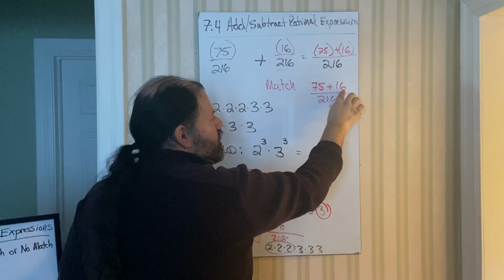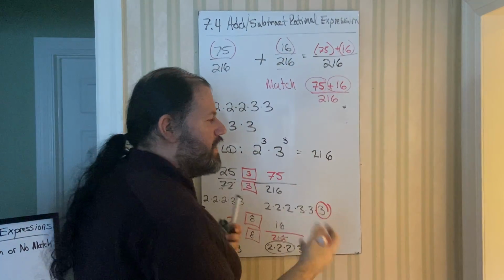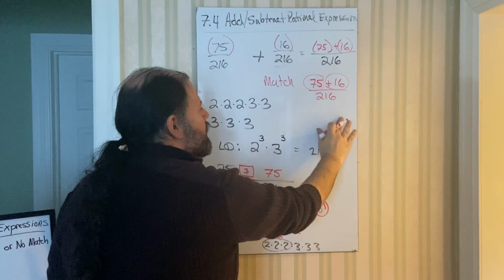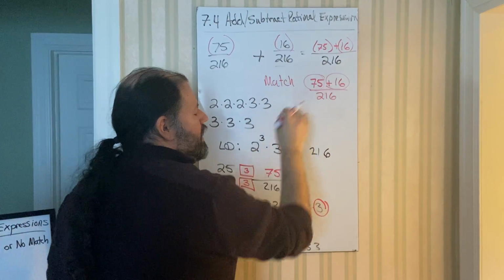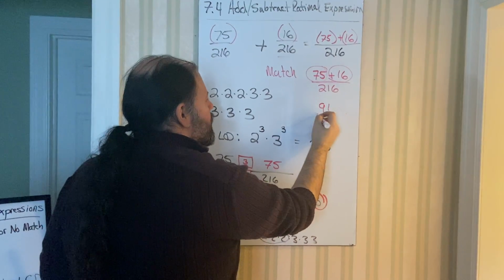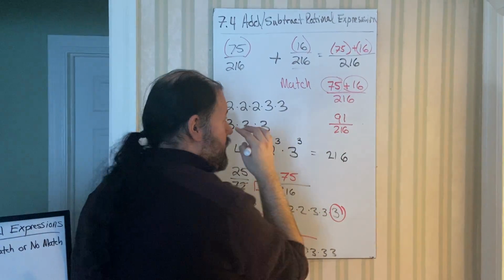And then this plus this, they're both constants, so we know we can collect. They're both positives, so we know we can add. And 75 and 16, we're going to get 91 over 216.